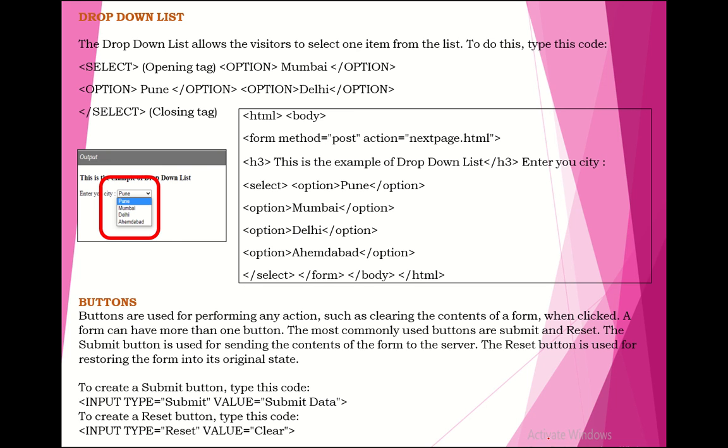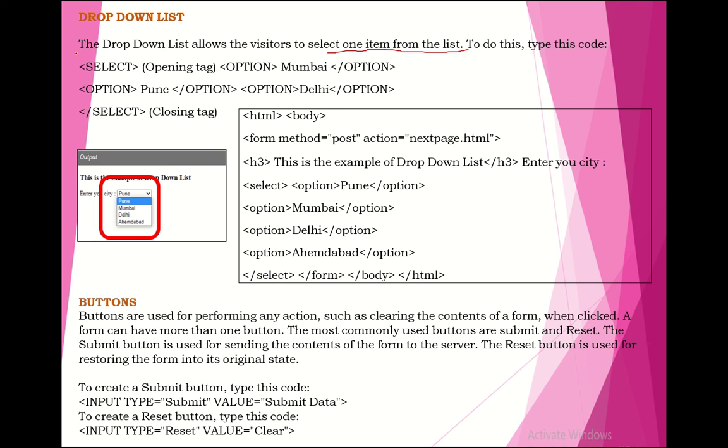Next one is drop-down list. The drop-down list allows the visitors to select one item from a list. There are many options in a list, but I can select one option from that list, and that is the drop-down list. To do this, type this code: select opening tag, option.